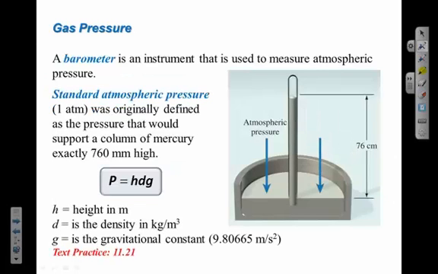So as we think about pressure, what measures the pressure of the atmosphere is a barometer. And the standard atmospheric pressure, which is known as 1 atmosphere, is related to how much pressure gas in the atmosphere creates at sea level.